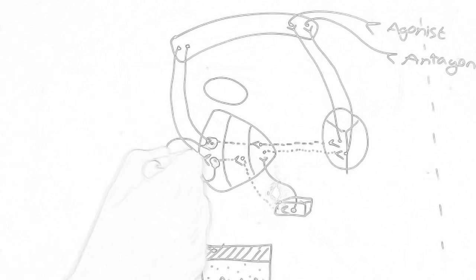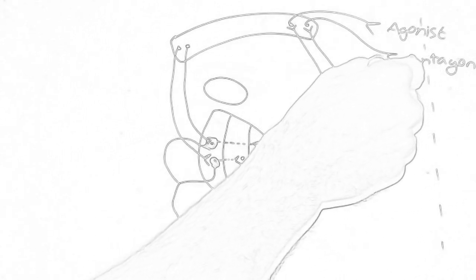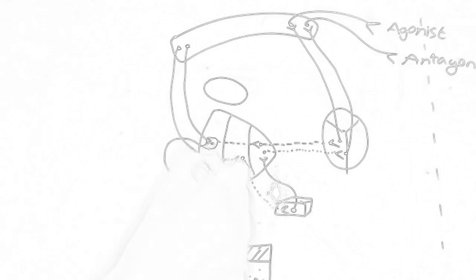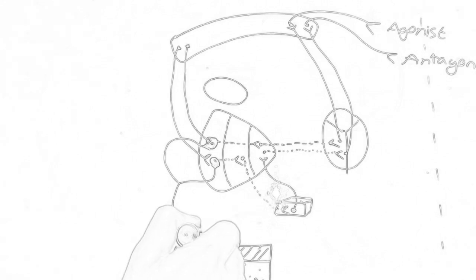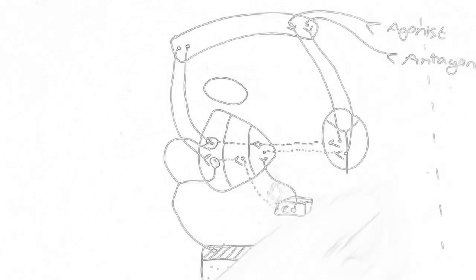So when it would go through the indirect pathway from here, it would end up relaxing the antagonistic muscle. But what this is going to do is going to end up contracting the antagonistic muscle. So basically these dopaminergic neurons, their action is to contract both the agonistic and the antagonistic muscles. Now why is this important? Because this is what helps with fine-tuning the movements.